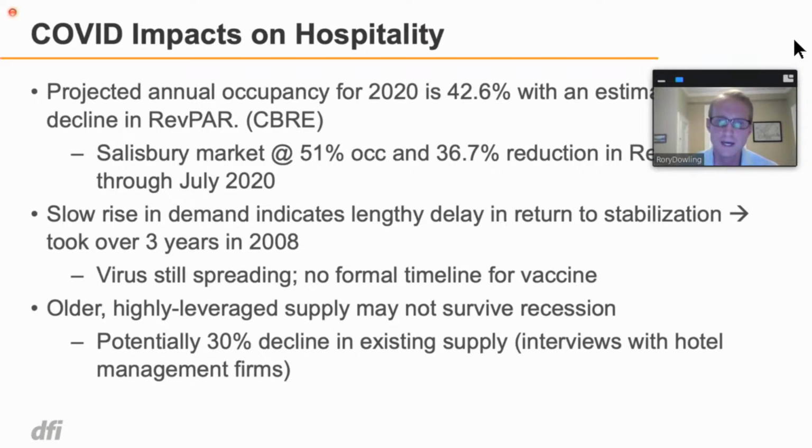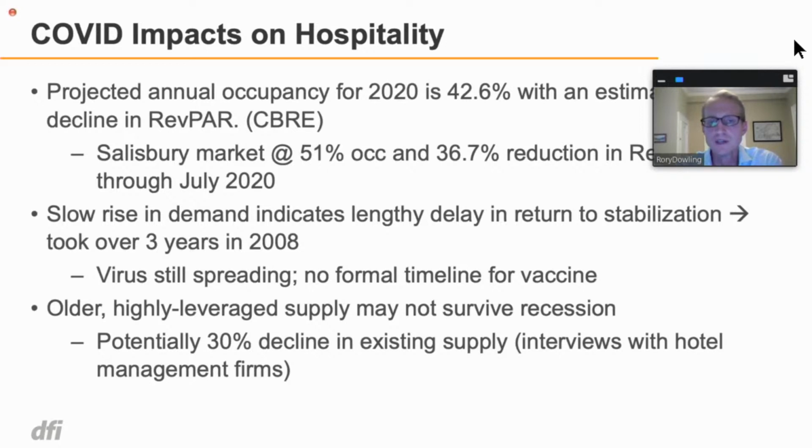One thing to note is that some of your older supply, which you do have along the highway, the supply that is likely highly levered, may not survive the recession. This is being talked about by a lot of hotel operators right now, who estimate that anywhere from 20 to 30% of supply in markets may not make it.